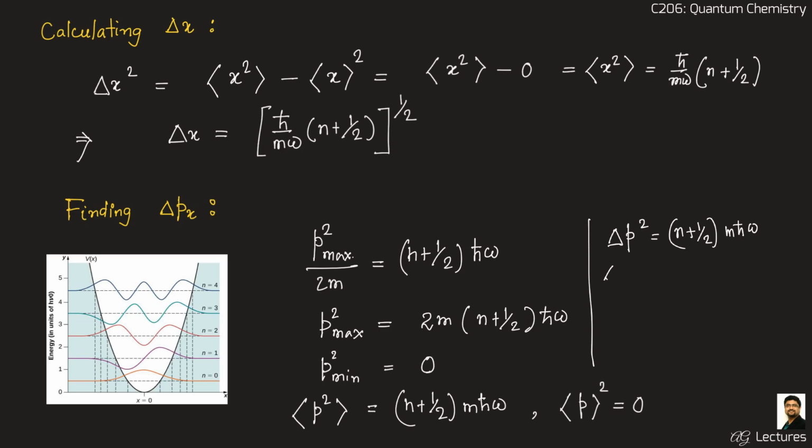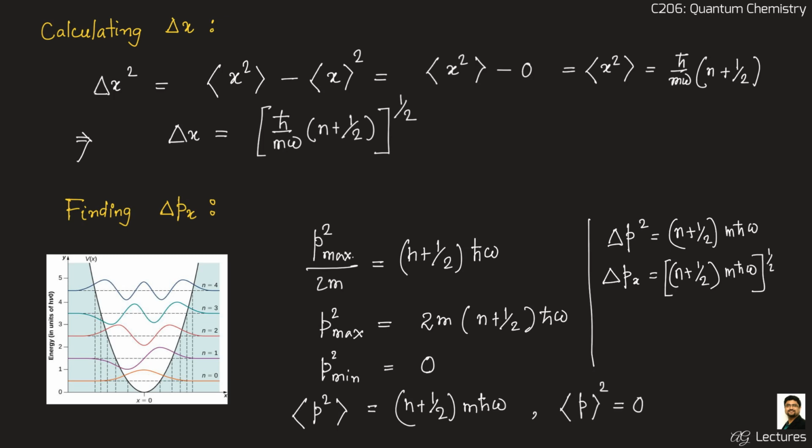Therefore delta px, I'm bringing the x again here, is simply the square root of it. So I just get square root of n plus half m h cross omega, and then we have a half.